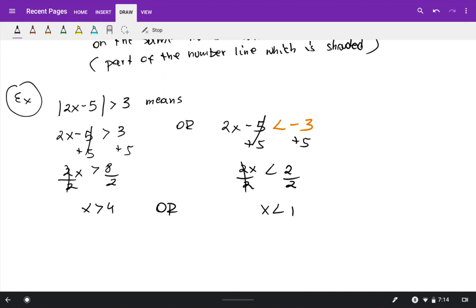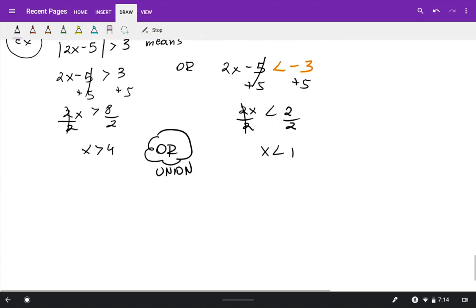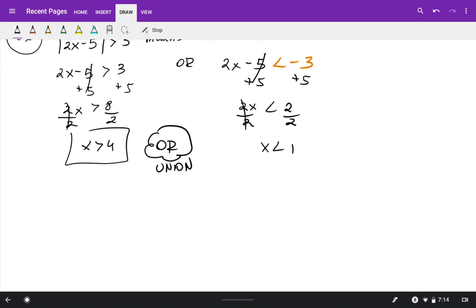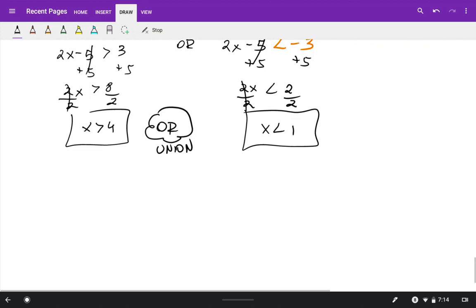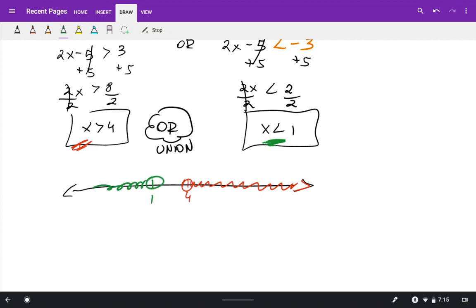And don't forget that we're looking for the union. When we solve both inequalities, we graph them together on the number line. The first one will be in red, x greater than 4. The second one is in green, x less than 1. Since I'm looking for the union, the union is the part of the number line which you shaded.